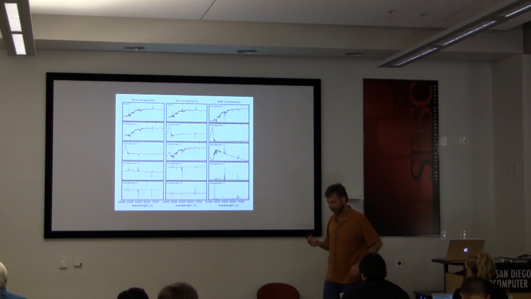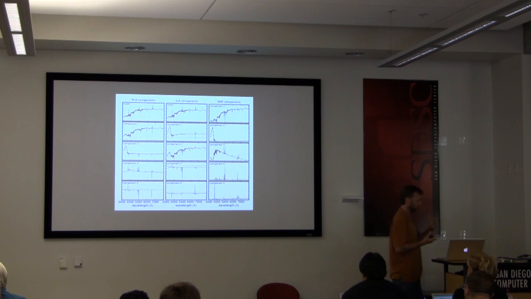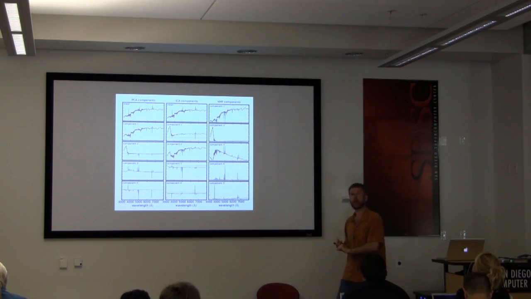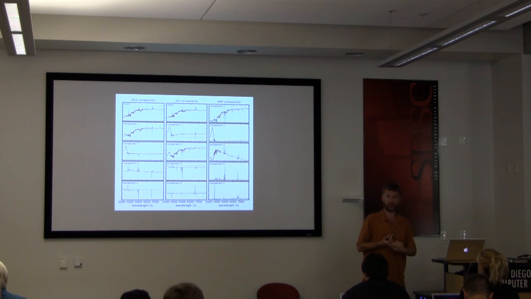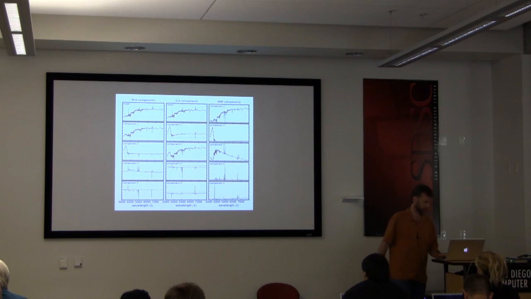So we've looked at two things. We looked at principal component analysis, and we've looked at independent component analysis. The underlying principle behind both of those is that I can describe any spectrum as a linear summation of components.